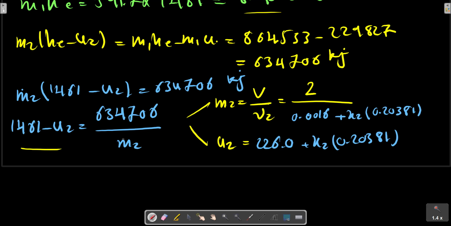So we have an equation that is a function of x2.